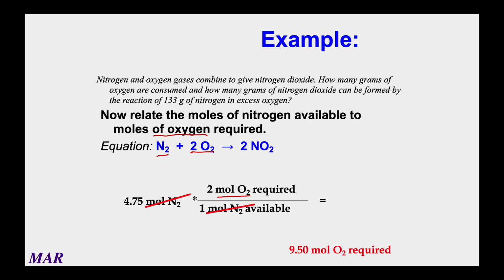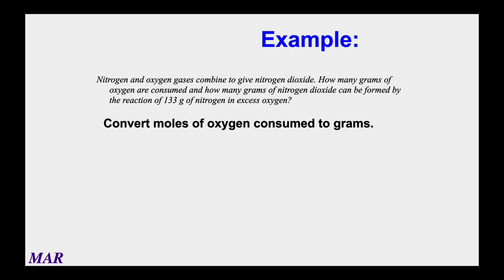Moles are great, but most of the real world needs to know grams, which they can convert to pounds or kilograms or whatever. Now that we know how many moles of oxygen are needed, let's turn it into grams. We'll use the molar mass for O2. Oxygen is 16.00 on the periodic table, and because there are two of them, the diatomic, 16 times 2 is 32.